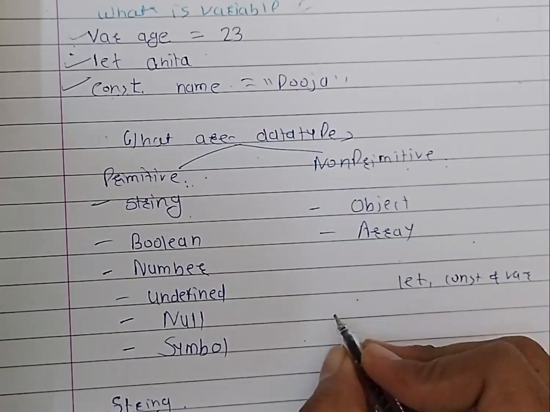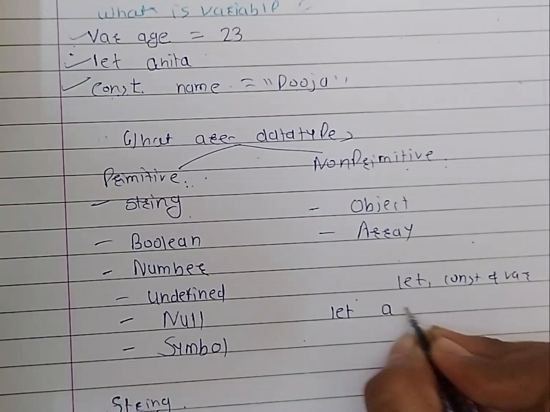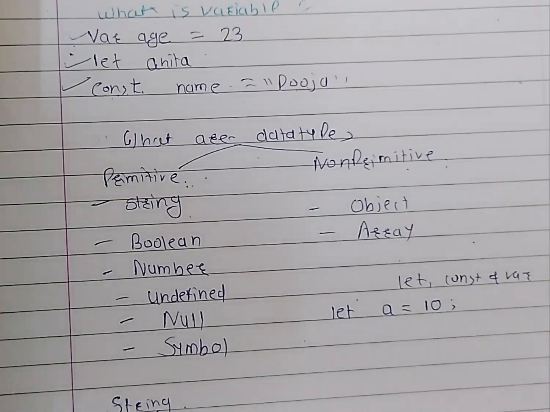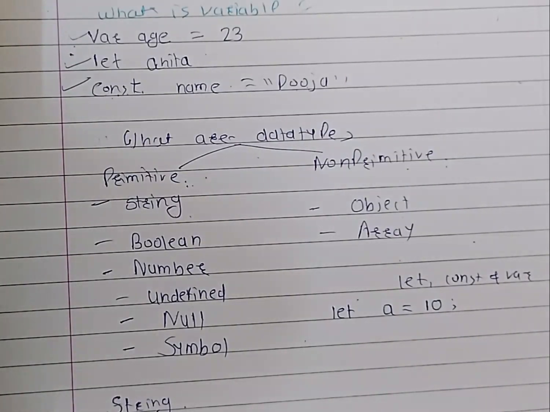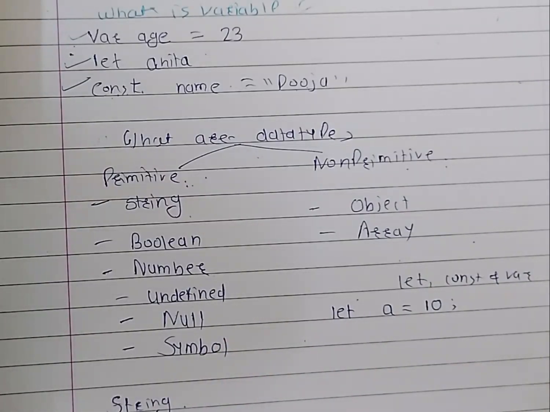So first of all, declare one variable like let a is equal to 10. So we declare a variable a and initialize it with the value 10. So basically it comes under the number primitive data type. So a holds the value 10.